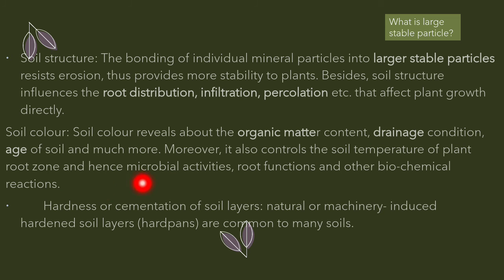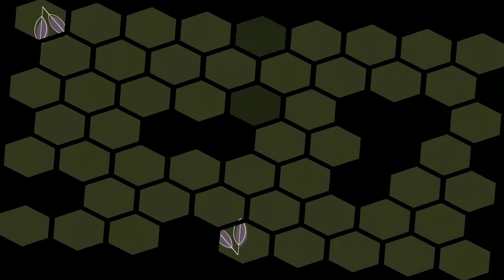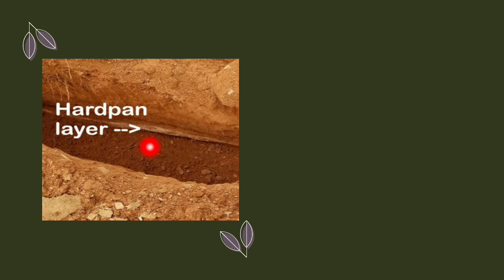And now, hardness and cementation of soil layer. Natural or machinery-induced hardness is common to many soils. We will see hard pan in the next slide. This image shows a hard pan layer in the soil.